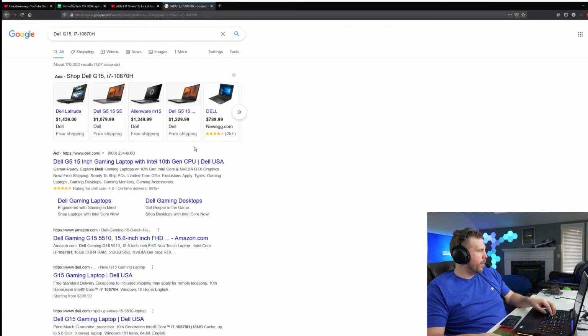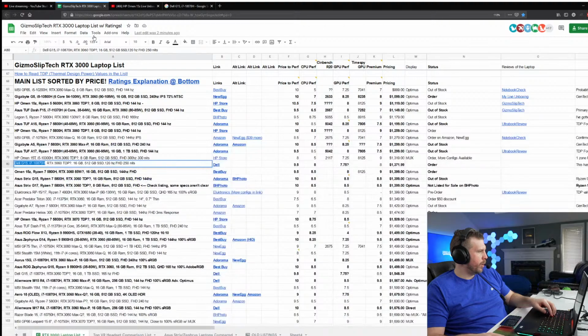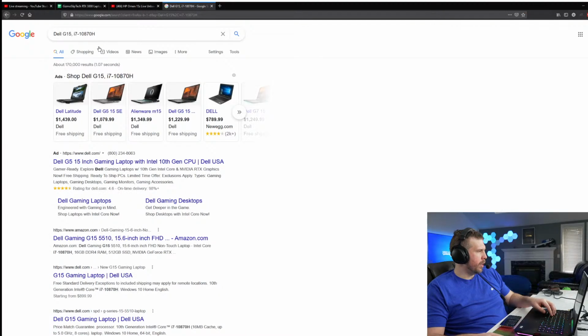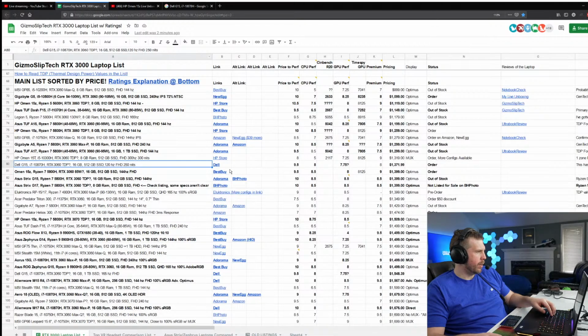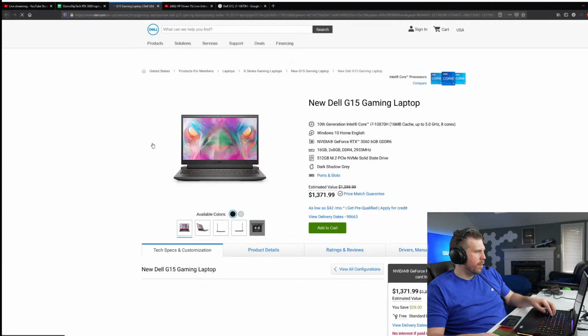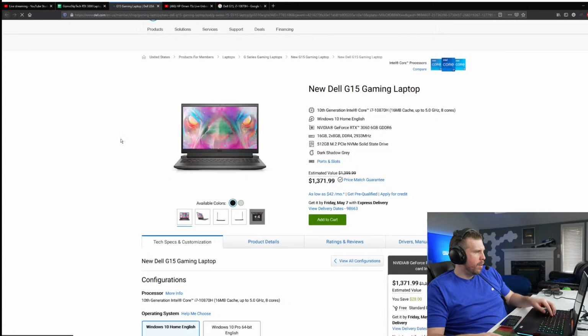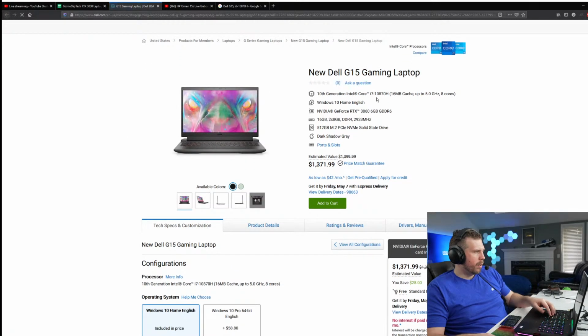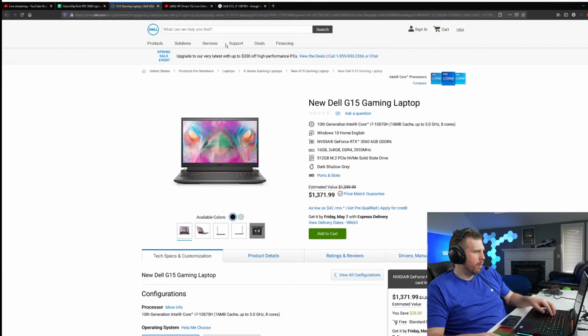Okay, Dell G15. We're on the prowl for a 3060. This one was just announced. I don't think anyone even has it yet, right? Right now, if you were to buy this, it would come in May.